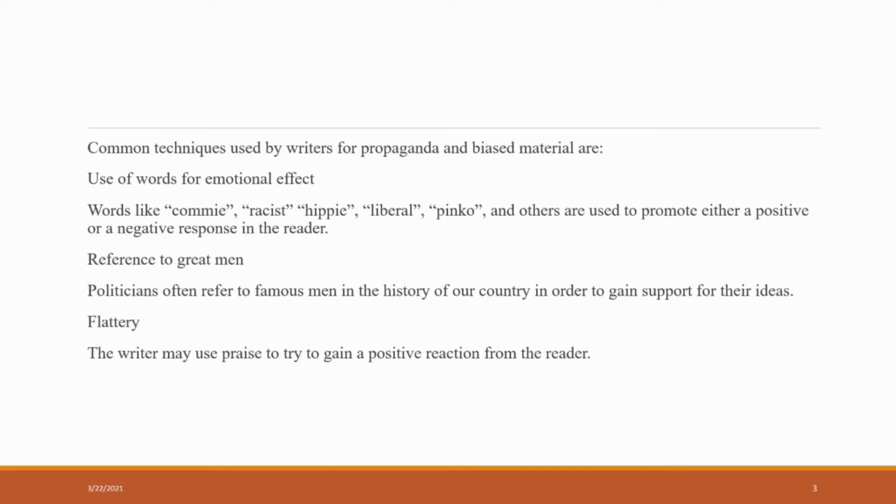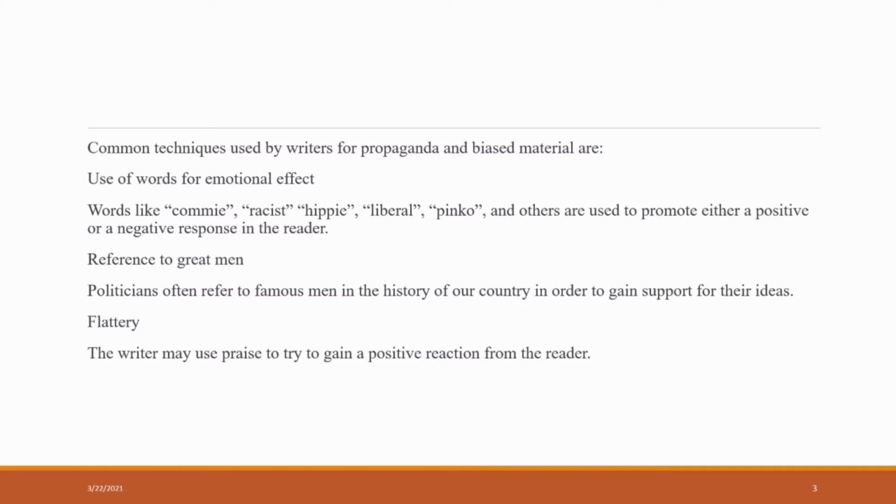Common techniques used by writers for propaganda and such material are: Number 1. Use of words for emotional effect. Number 2. Words like commie, racist, hippie, liberal, pinko, and others are used to promote either a positive or a negative response in the reader. Number 3.